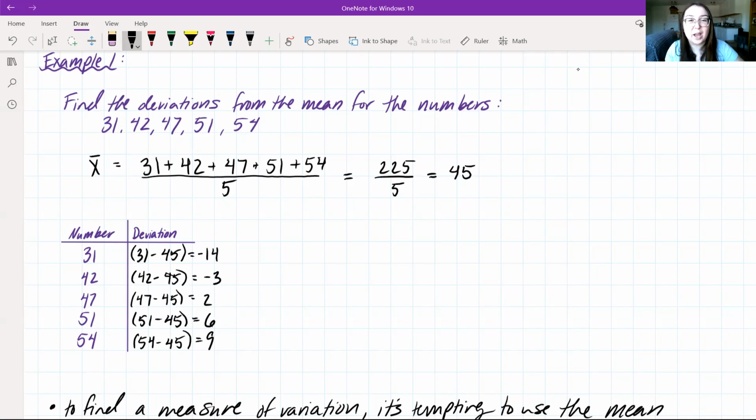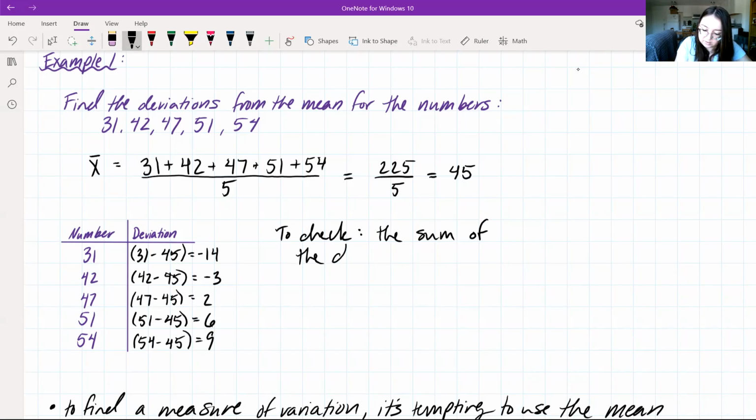To check if it's right, we can add all of our deviations together, and if it equals 0, then it's correct. So to check, the sum of the deviations should always equal 0.